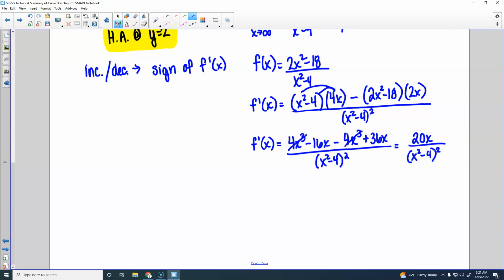Double check my work on that. Because this gets distributed here, and your negative is also distributed, so I think I feel that right.